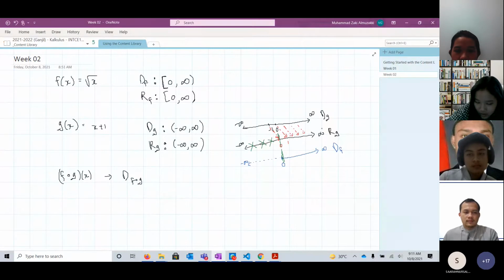What is the range of G that is mapped from the domain of G? Sorry, let me rephrase it. What is the domain of G such that the range of G goes from 0 to infinity?